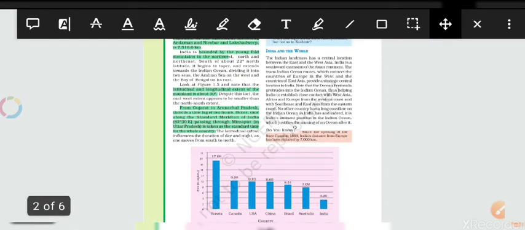From the next paragraph, from Gujarat to Arunachal Pradesh there is a time lag of 2 hours. Hence, the standard meridian of India is 82 degrees 30 minutes east, passing through Mirzapur in Uttar Pradesh.